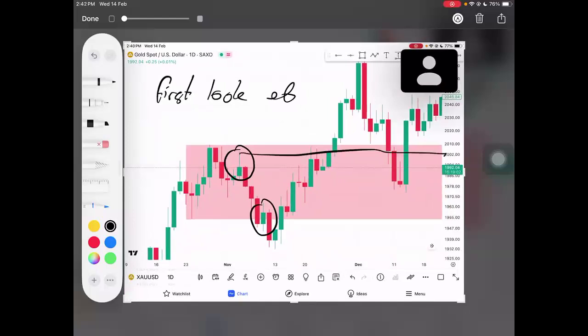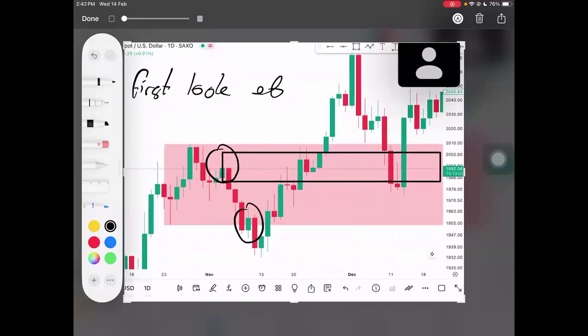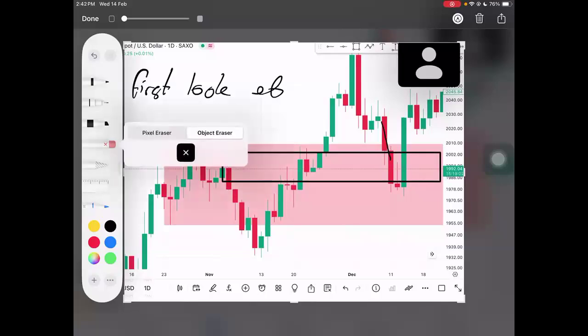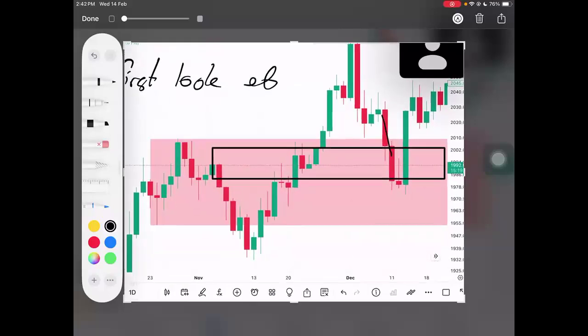When the price goes inside here, why did the price break the zone? Because it never created the EG buy, I guess. Okay, that one is correct.